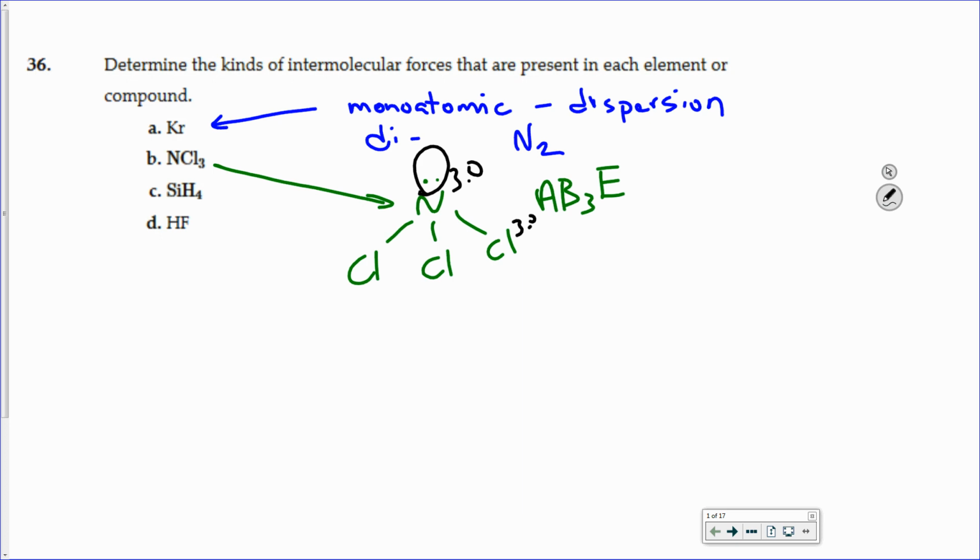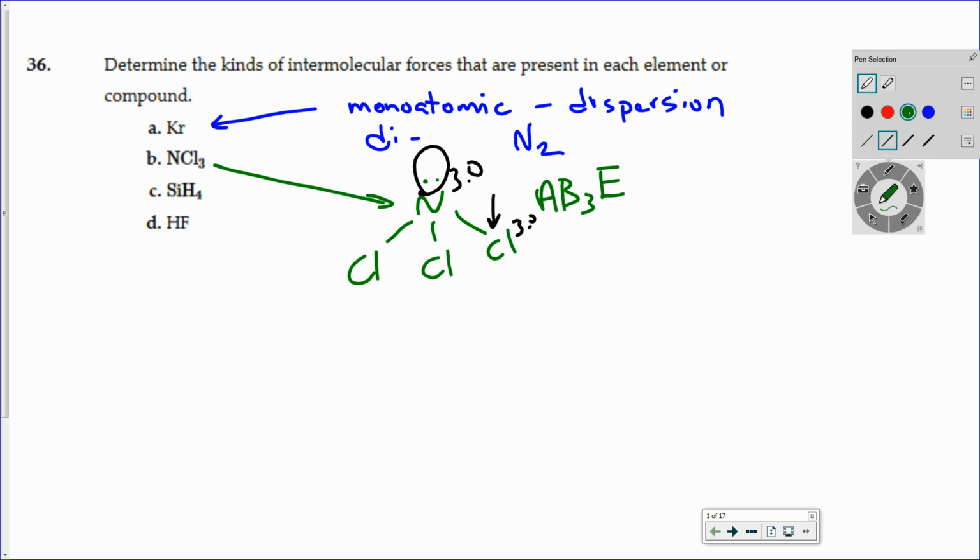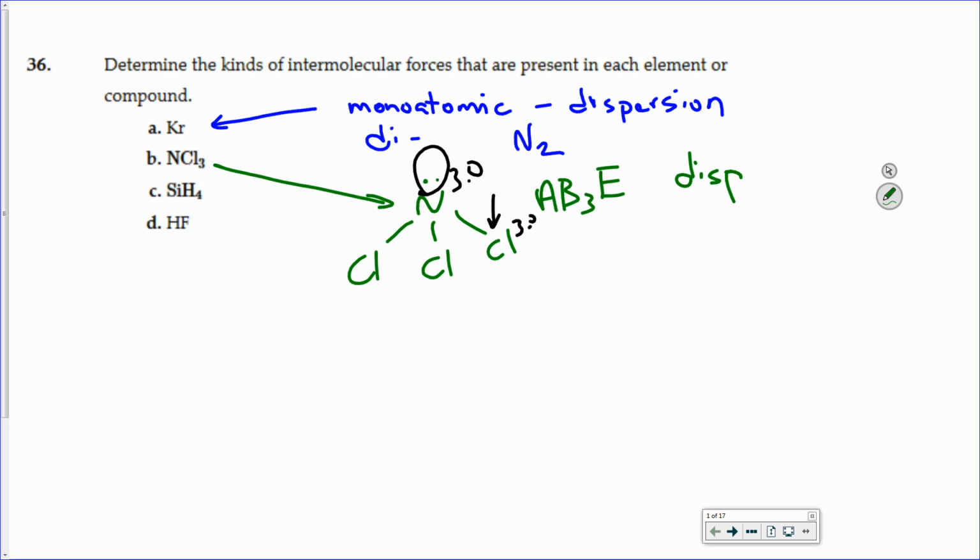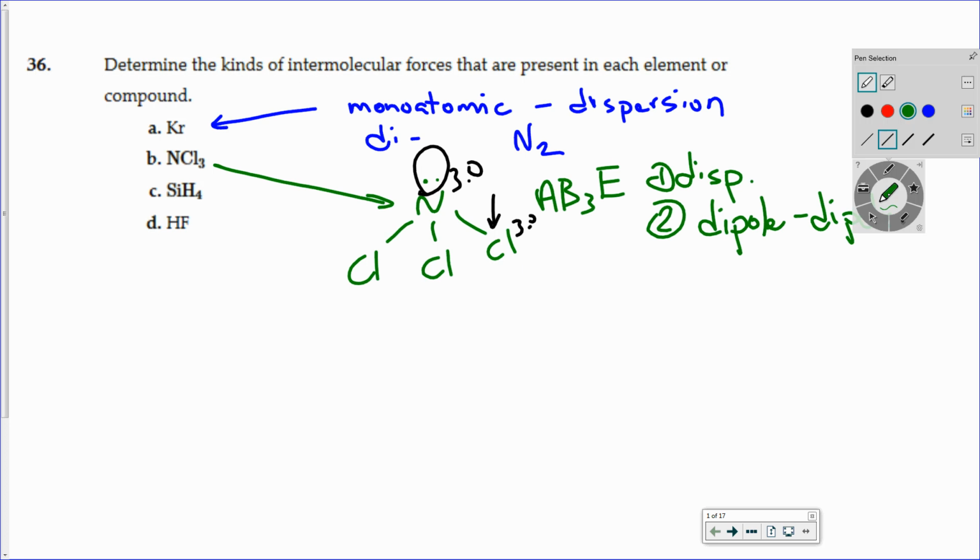So there is going to be a little bit of a dipole moment introduced by those electrons being there. If I look at the type of interactions this one can have, everything has dispersion, so dispersion force is number 1. The second one is that it's going to have dipole-dipole interactions.